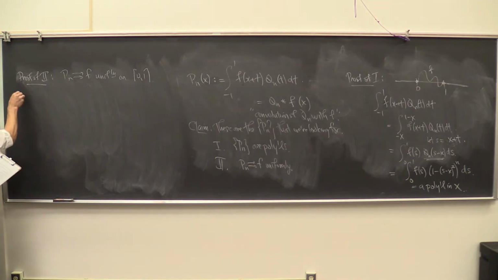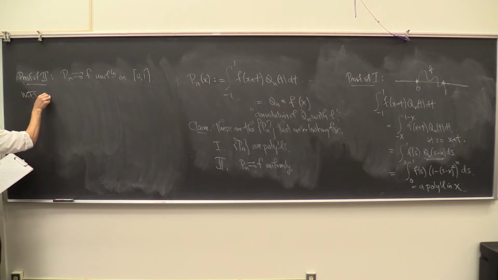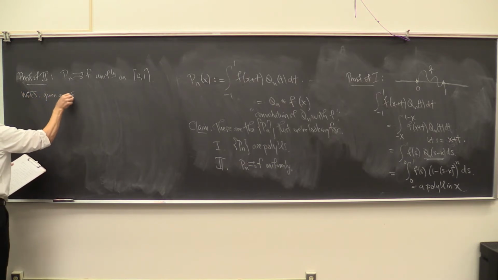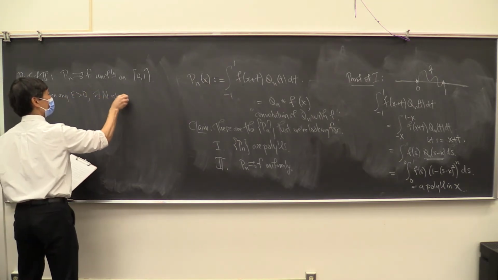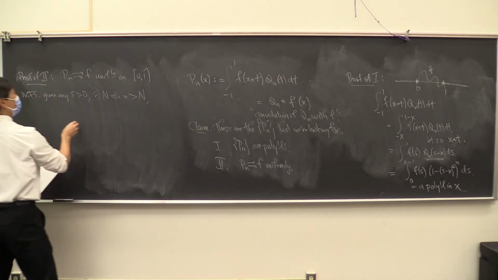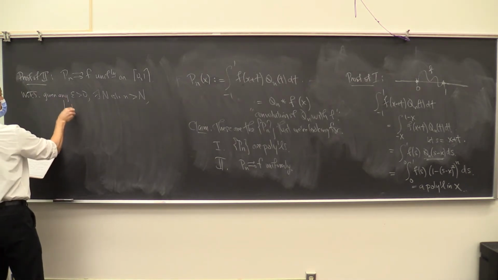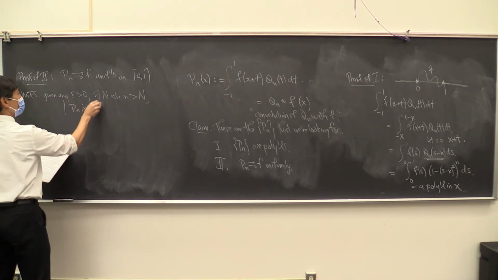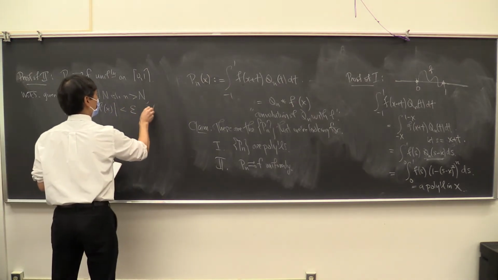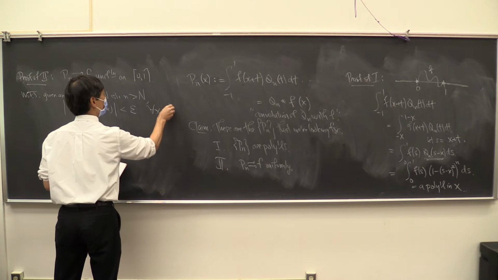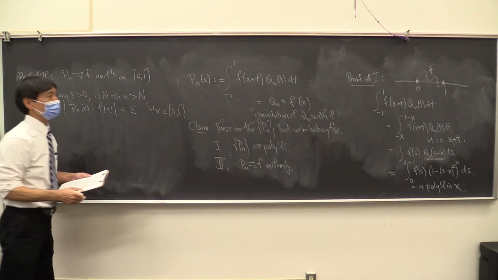Of course, that means that we want to show that given any epsilon, there exists an n such that when you're past that n, then the size of p sub n of x minus f of x is smaller than epsilon, all over the set, all over that interval [0, 1].